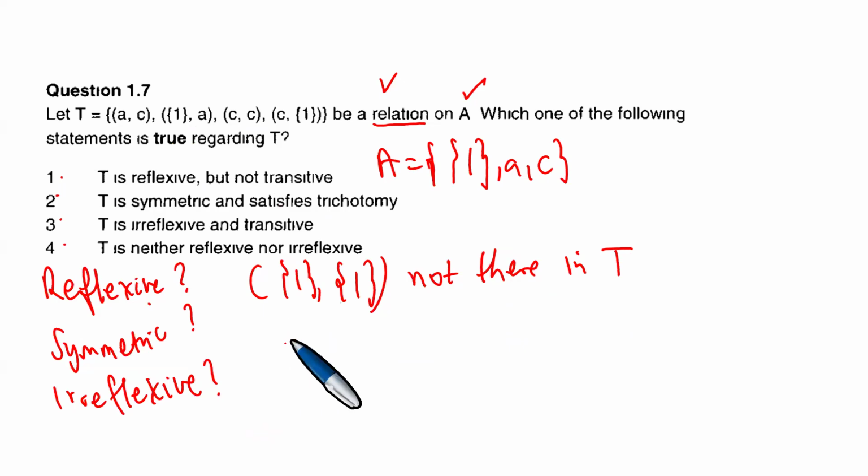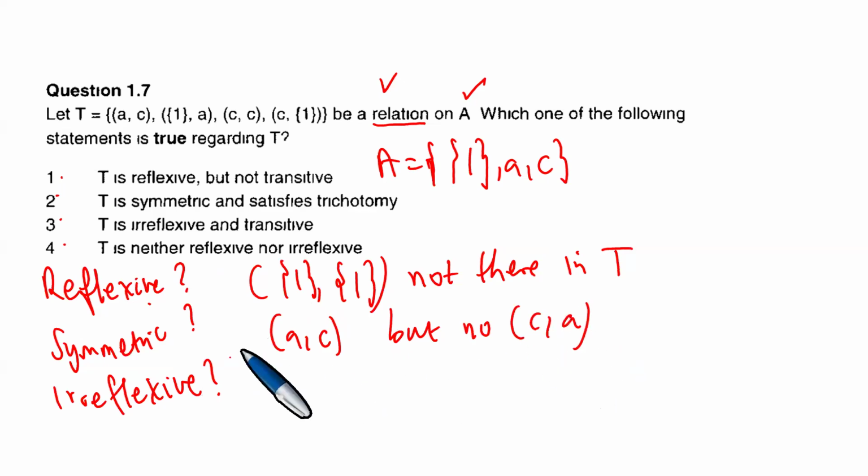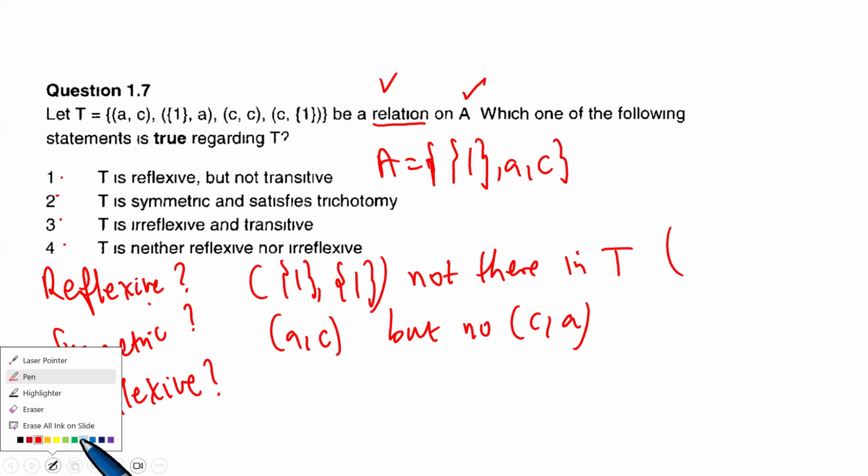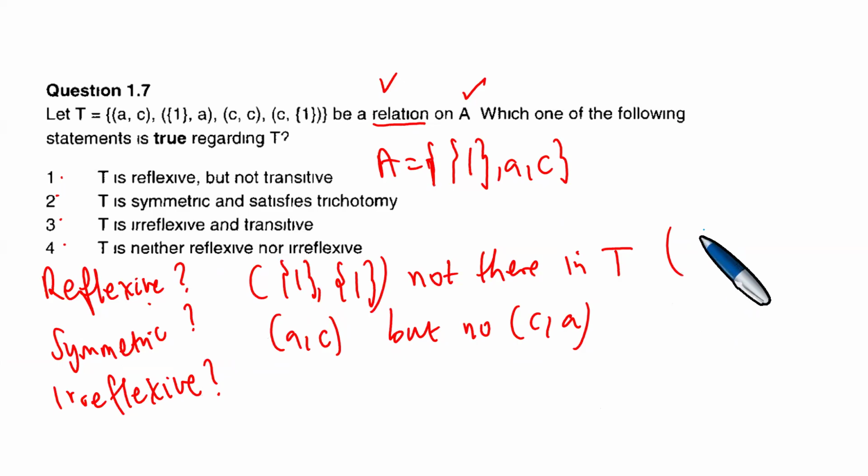Now, if you're dealing with AC, let us look at A and see if this is there. In terms of symmetric, there is no CA. This means, in a nutshell, that our relation is not reflexive.